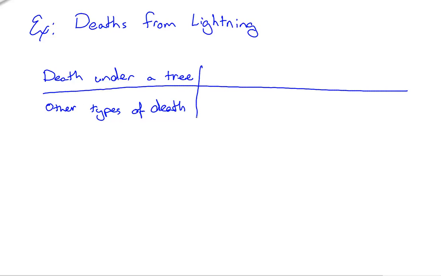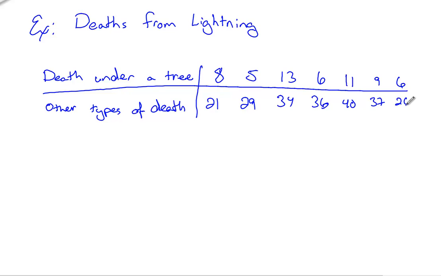And so our table: in one year, there were 8 deaths under a tree, and there were 21 other deaths. Another year, there were 5 deaths under a tree, and 29 other deaths. Then 13 and 34, 6 and 36, 11 and 40, 9 and 37, 6 and 26.